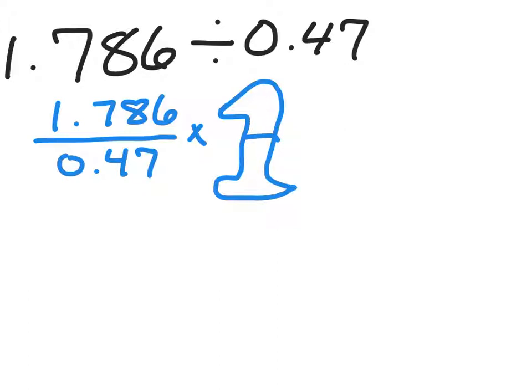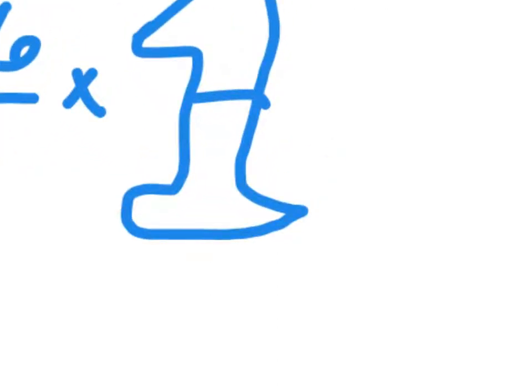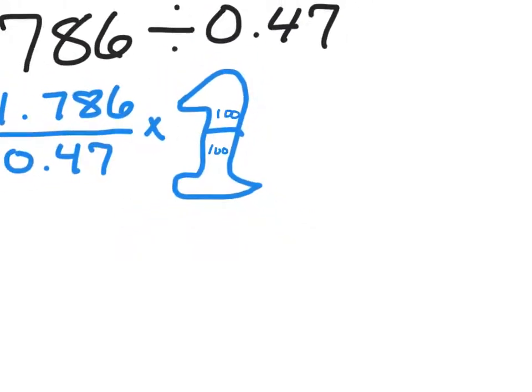Superb. And so now, since this 7 is in the hundredths place, that means I'm going to multiply by 100. I'm going to make this bigger so I can draw better 100, right? Super. And then if the denominator is 100, my numerator has to be 100 as well in order for this to be a giant 1, which is what I need, right?